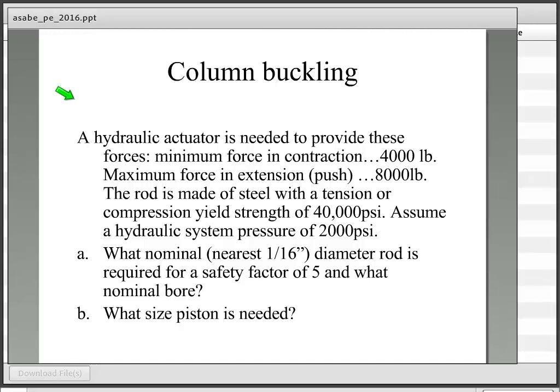You can read this as far as the details, but what I mainly want to point out about column buckling is where you'd have a load on a part that would be essentially a column load or an axial load, and the part might fail by buckling instead of failing by reaching a yield stress in compression.